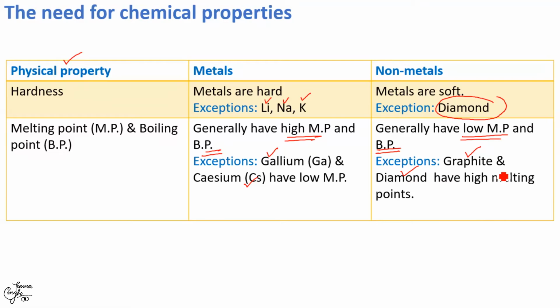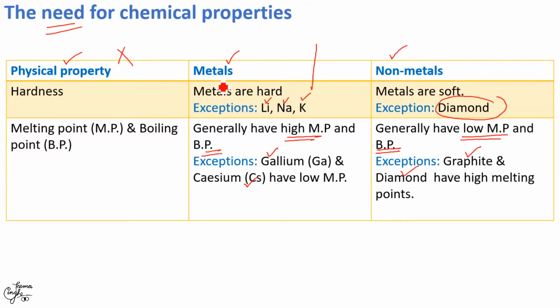Similarly, there are many other exceptions about which we have already learnt in my previous videos. Thus, we see that physical properties cannot be the sole criteria for differentiating metals and non-metals, and hence the need for studying chemical properties of metals and non-metals.